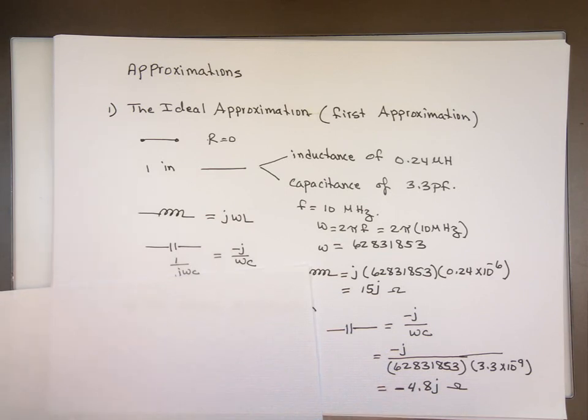But if the frequency goes beyond that, we really need to include this in our calculation. We can't just neglect it. That's what we call the first approximation, the ideal approximation.